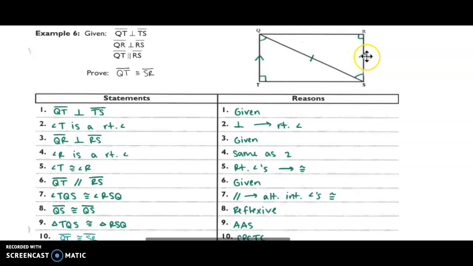That's how we indicate they are parallel. And so we're going to use alternate interior angles and reflexive. And because you're trying to prove corresponding parts, after you prove the triangles are congruent, that's when you use CPCTC. All right? So hopefully this was helpful.